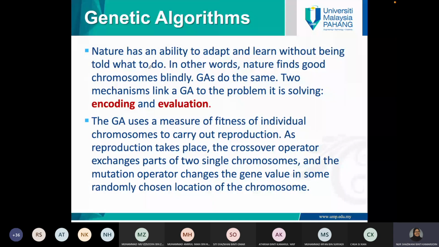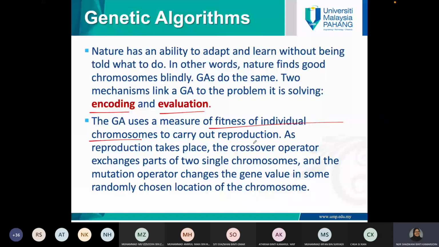They will solve the problem by encoding and evaluating the problem. So the genetic algorithm uses a measure of fitness of individual chromosomes. So we will calculate the fitness of the individual chromosome to carry out the reproduction.